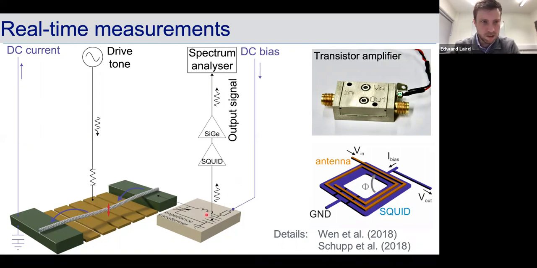To separate the DC and the radio frequency current, we used this circuit here, which acts effectively as a bias T, so it sends the RF current, the radio frequency current, this way, and the DC current goes the other way. And then we also tune it so that it resonates, which helps to transform the impedance between the high impedance of the nanotube and the lower impedance of the amplifiers.